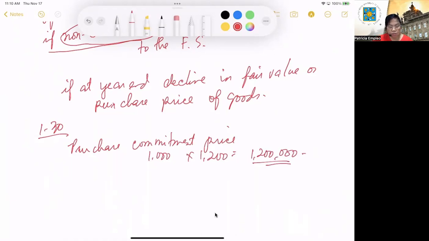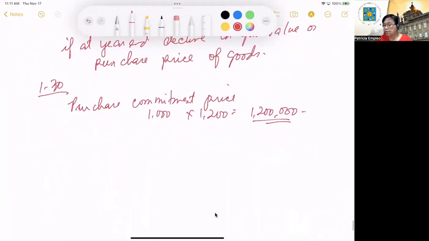On December 31, 2022, the price of rice had fallen to 150 per sack, and therefore your loss. So on December 31, 2022, you are to prepare an entry.